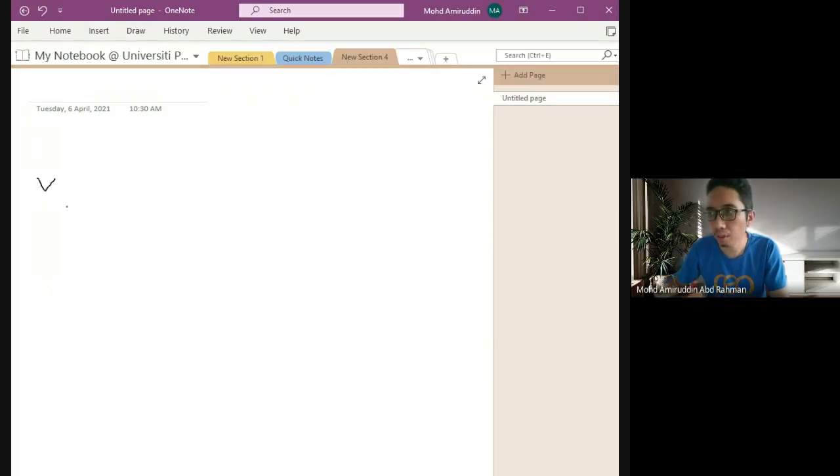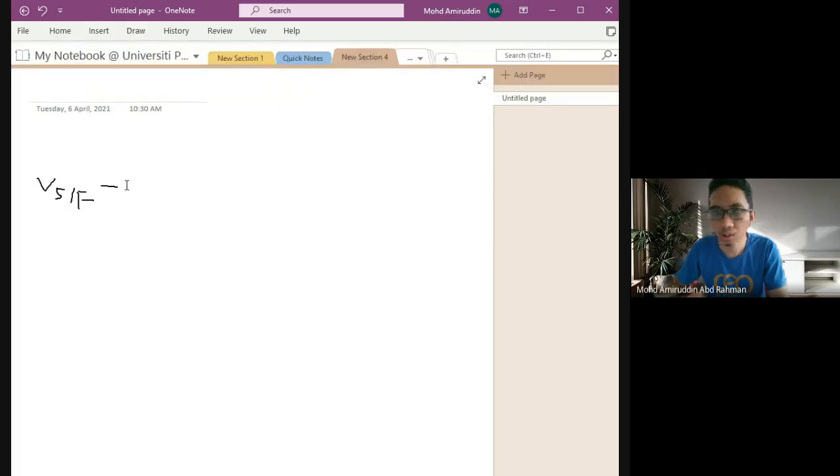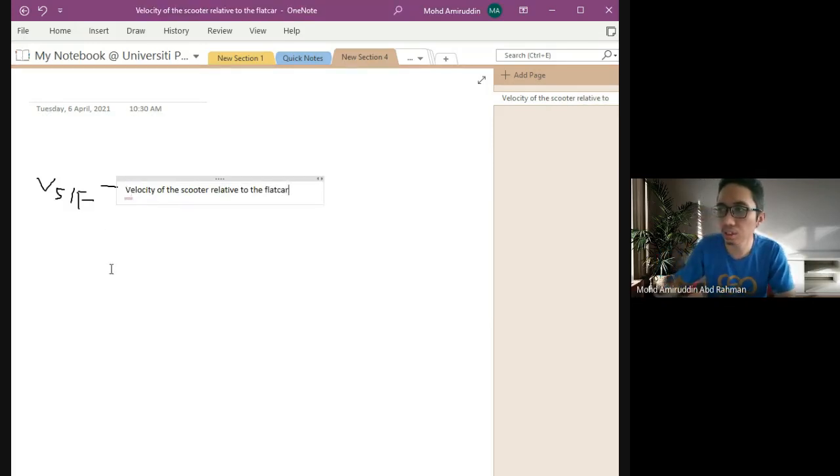We have VSF, which is the velocity of the scooter relative to the flat car. So this is the velocity of the scooter relative to the flat car.